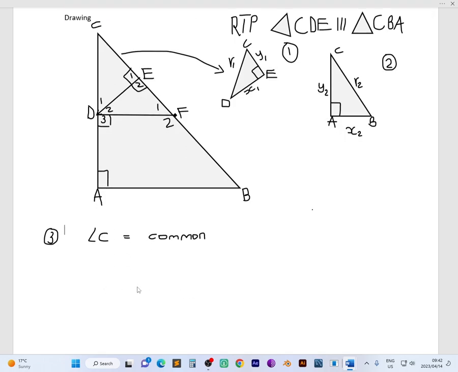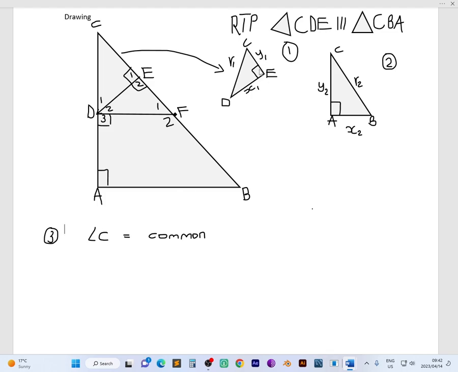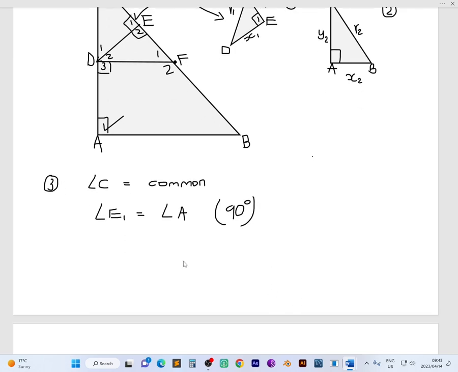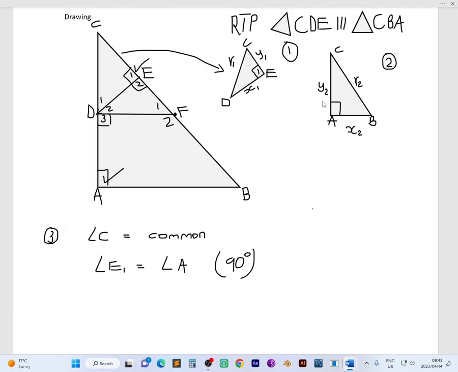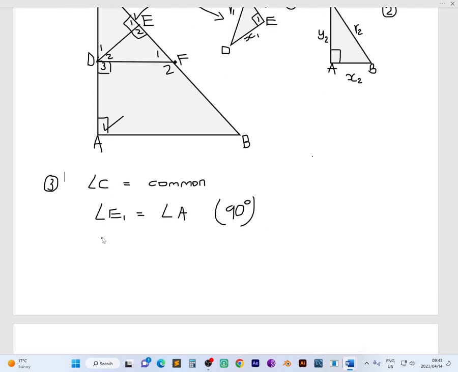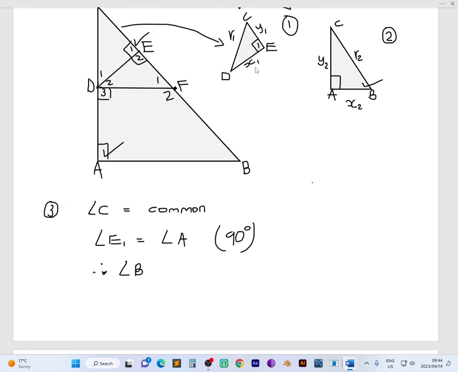Alright, and then we have the right angle there, which is E1. So we have E1 equals angle A. The reason is 90 degrees. Okay, and then we have two angles now. In a triangle, the sum of the interior angles makes 180 degrees.